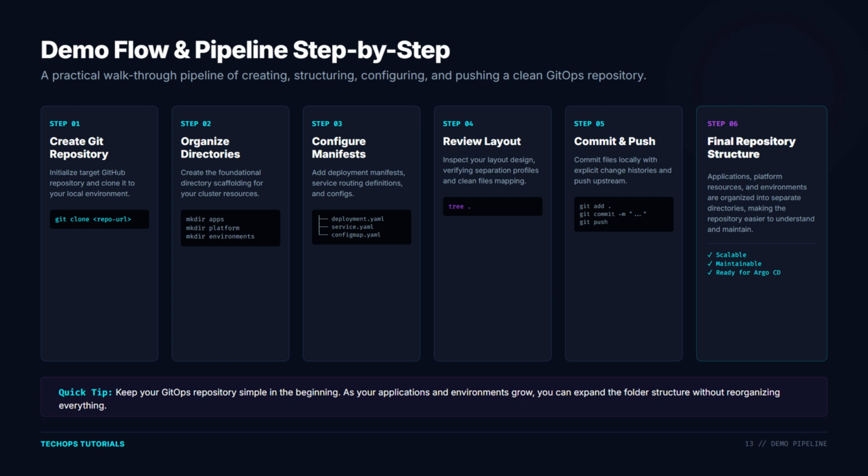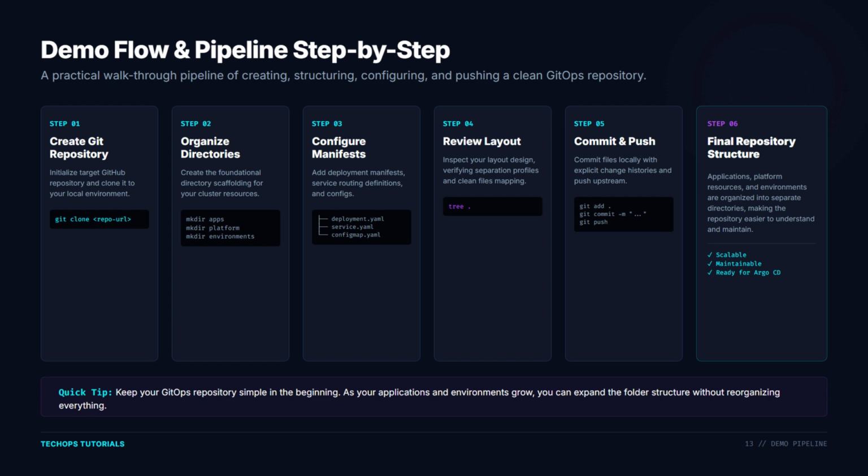Now it's time to put everything we learned into practice. In this demo, we will start by creating a Git repository and cloning it to our local machine. Next, we will create a clean folder structure for the application. After that, we will add a few sample Kubernetes manifests and organize them into the appropriate directories.